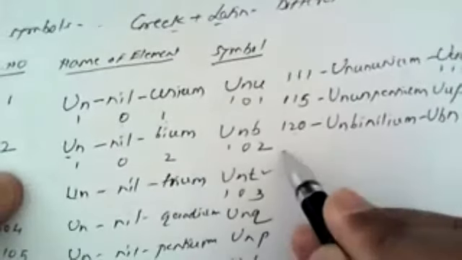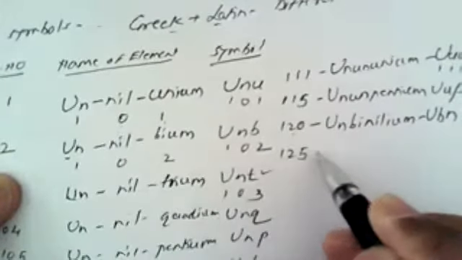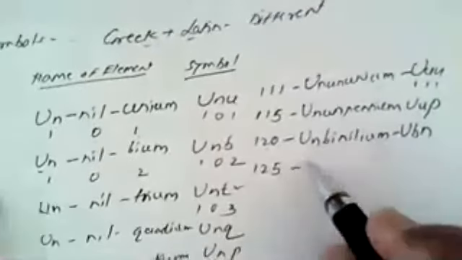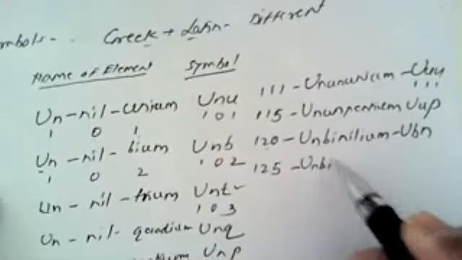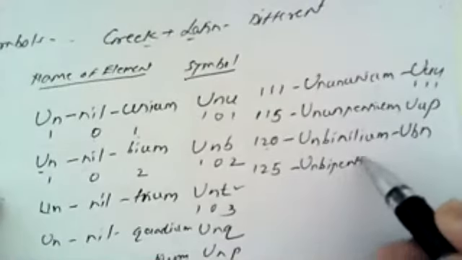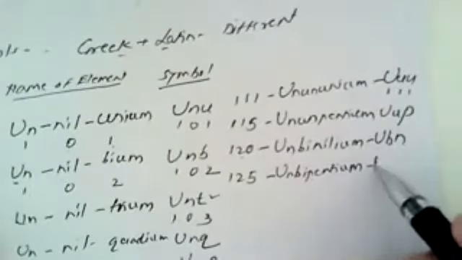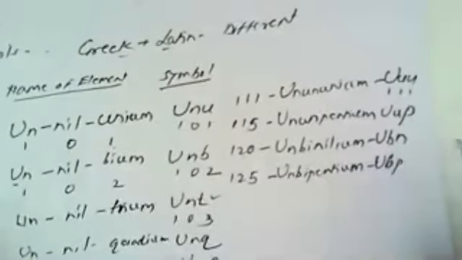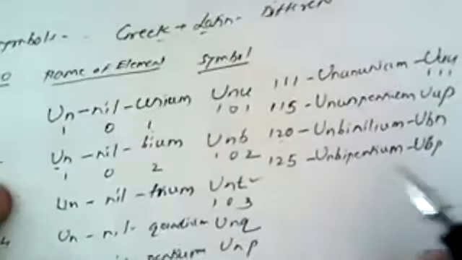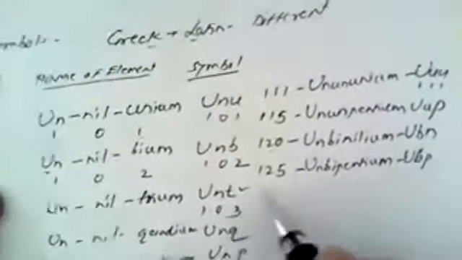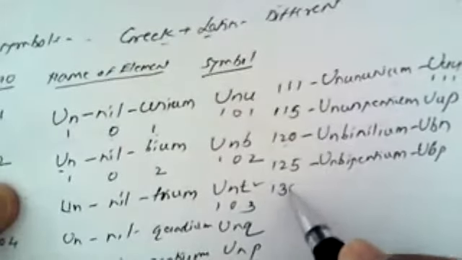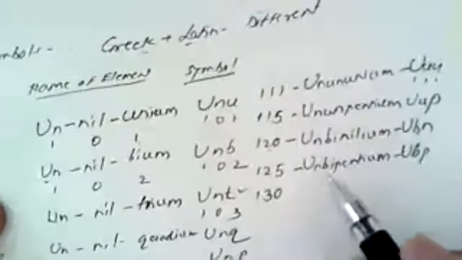Now again 125. It is unbipentium, UBP. Then 130.